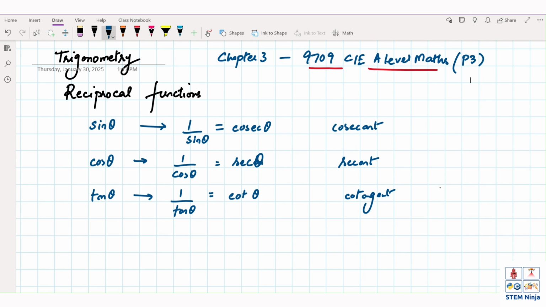Now, we have introduced the names and the exact nature. There is another way to write the tan and cotangent also. So for example, if tan is sine theta over cosine theta, its reciprocal, which is the cot theta cotangent, would be cosine theta over sine theta.